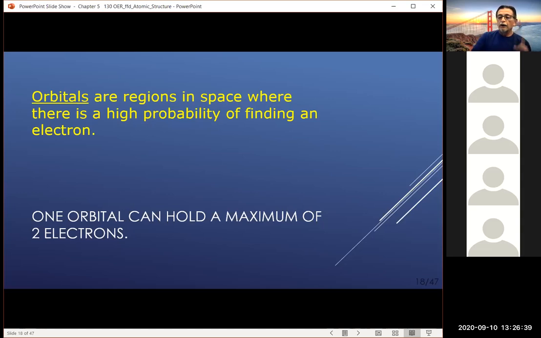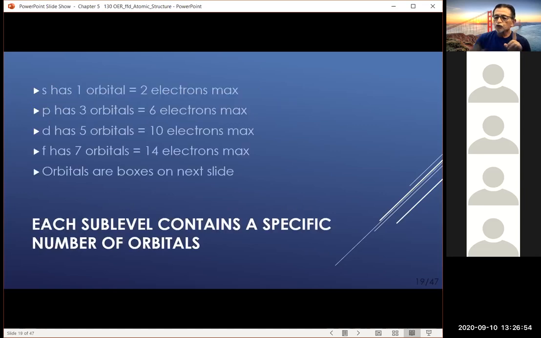Okay. Now, every orbital can hold a maximum. Let me restate that. One orbit can hold a maximum of 2 electrons. Okay. Remember that. Now, there's only one S orbit, and that can have at the maximum 2 electrons.